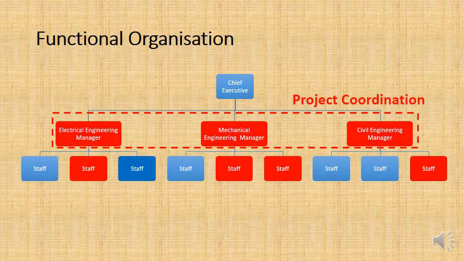The other issue is you can end up becoming more loyal to your functional manager, meaning to my civil engineering manager or to a mechanical engineering manager. You become more loyal to your organization than you are to the project. Remember, these managers have other projects at various times, and they have split loyalties.